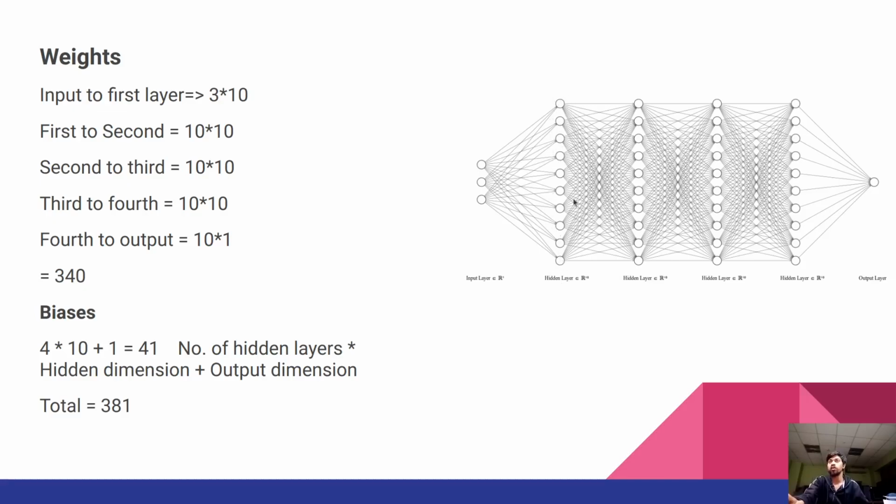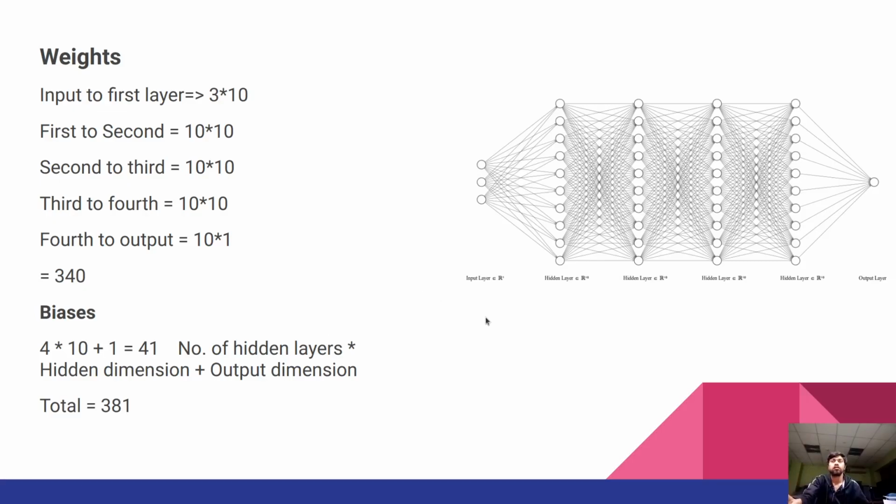So here we have 10 biases, 10 biases, 10 biases, 10 biases, and here also one bias. So 41 is the number of biases, and 340 is the number of weights, so edges here. So total will be 381. There will not be any bias at the input layer, sir? No, in the input layer there is no bias.